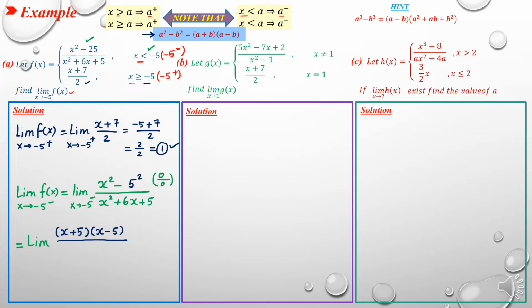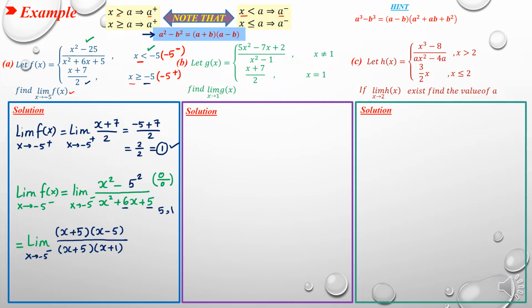So you have to get two numbers whose product is 5 and whose sum is 6. These two numbers are 5 and 1, because 5 times 1 is 5 and 5 plus 1 is 6. So we have x plus 5 times x plus 1 when x goes to negative 5 from left.